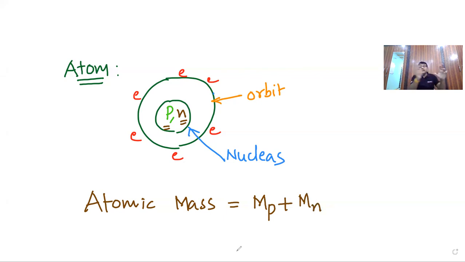We do not take electrons; they are in the orbit. We concentrate only on the inner core part, the nucleus. So the atomic mass of an atom is equal to the mass of protons, MP, plus the mass of neutrons. This is the basic fundamental aspect.